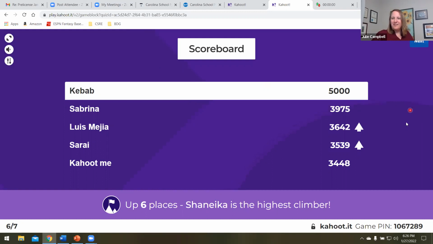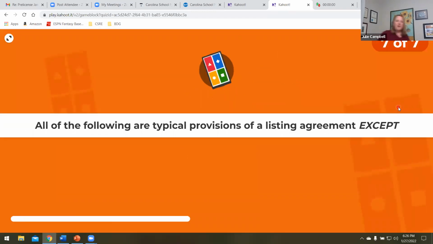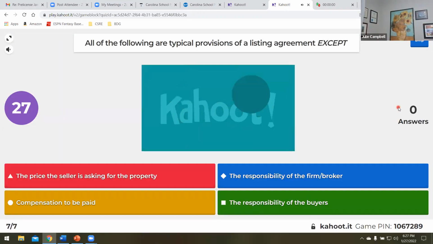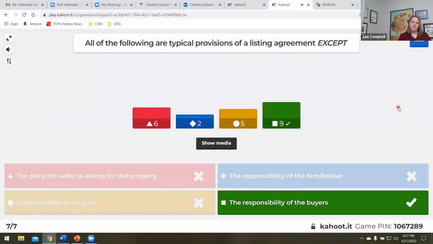Last one. Let's end with a bang, shall we? All of the following are typical provisions of a listing agreement, except responsibility of the buyers.